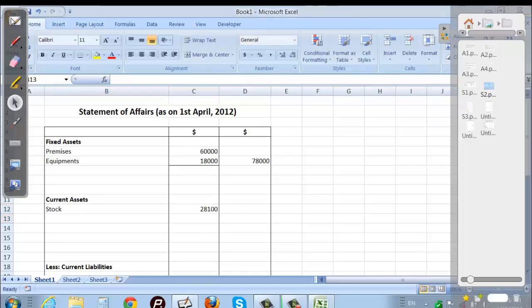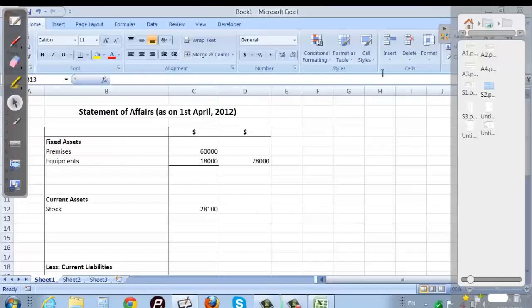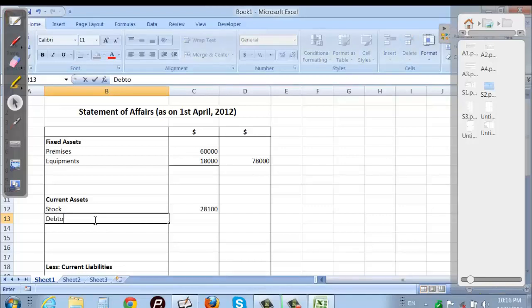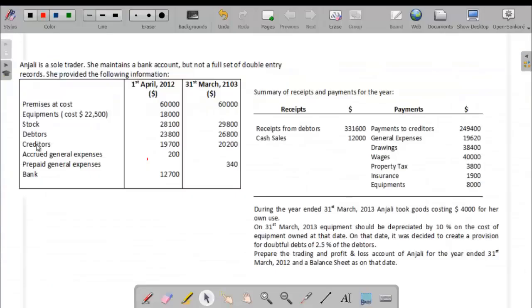After stock, the next item is debtors, and the amount is 23,800 on the first day. So these debtors are also assets, debtors, $23,800. After debtors, the next item is creditors.